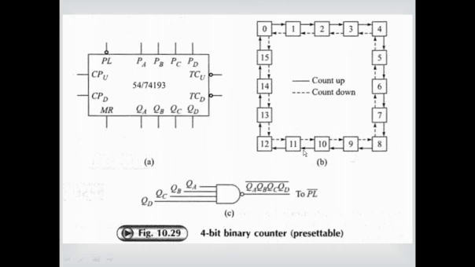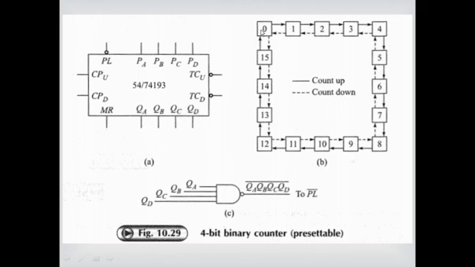This is your figure B, which is a state diagram of this counter. Each box represents a stable state. An arrow represents in which direction the counter is going to be progressing. So, normally when master reset is activated, all the flip-flops are going to be in 0 0 0 state.